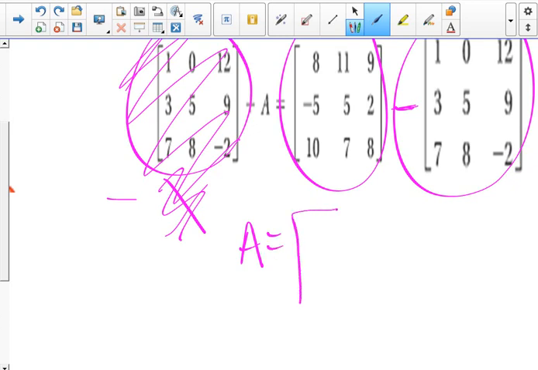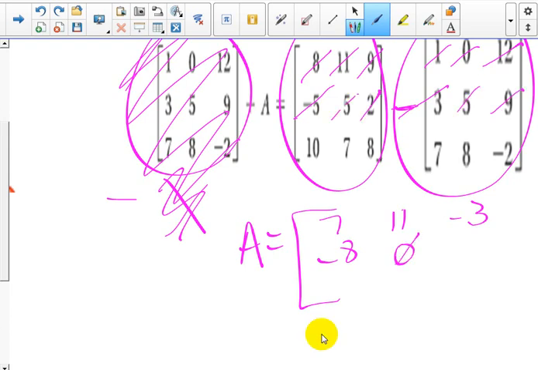So A is equal to 8 minus 1, which is 7, 11 minus 0, which is 11, 9 minus 12, which is negative 3, negative 5 minus negative 3, which is negative 8, 5 minus 5, 0, 2 minus 9, which is negative 7, 10 minus 7, which is 3, 7 minus 8, negative 1, and 8 minus negative 2.